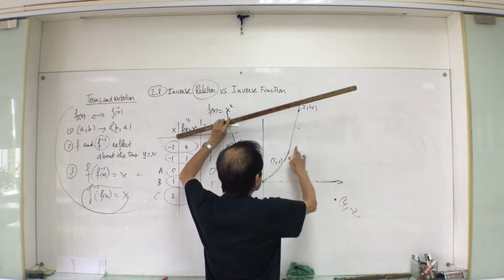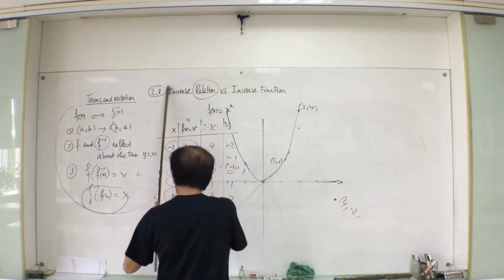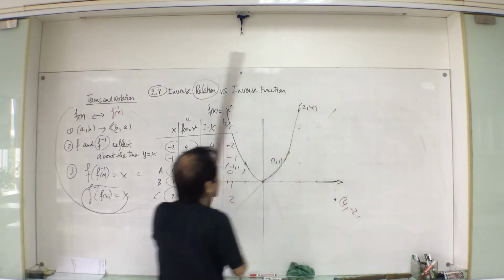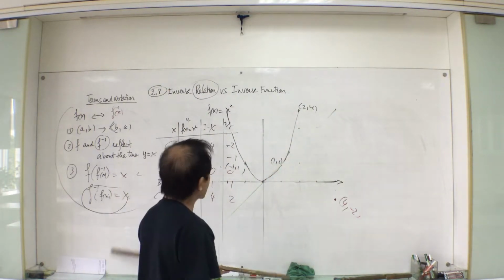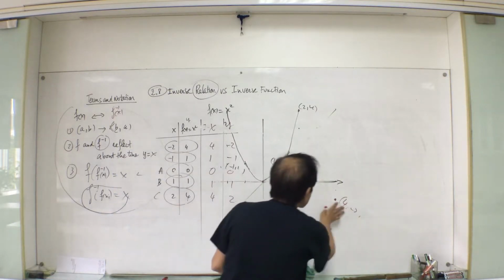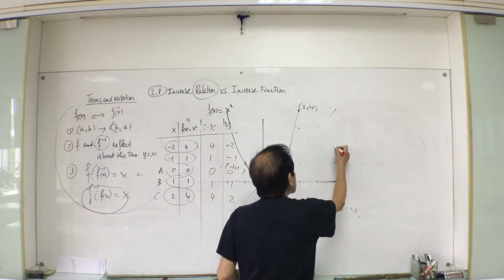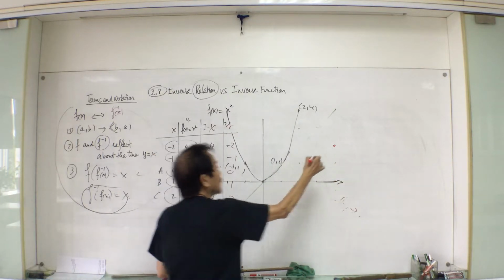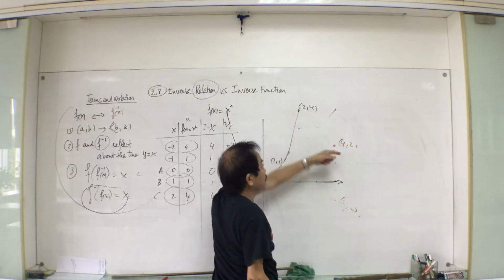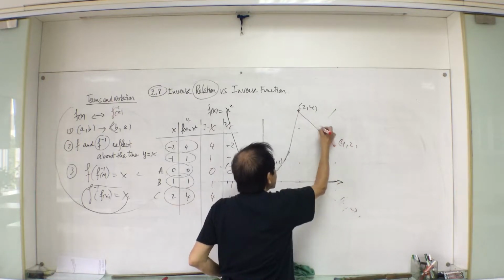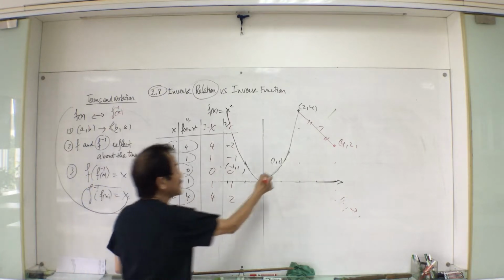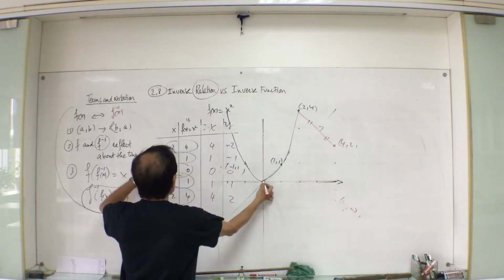This is the line y equals x. Let's check the point: x becomes 4, y becomes 2. So it looks like they are inverse, right? 1 and 1 share the same point, and 0 and 0 share the same point.